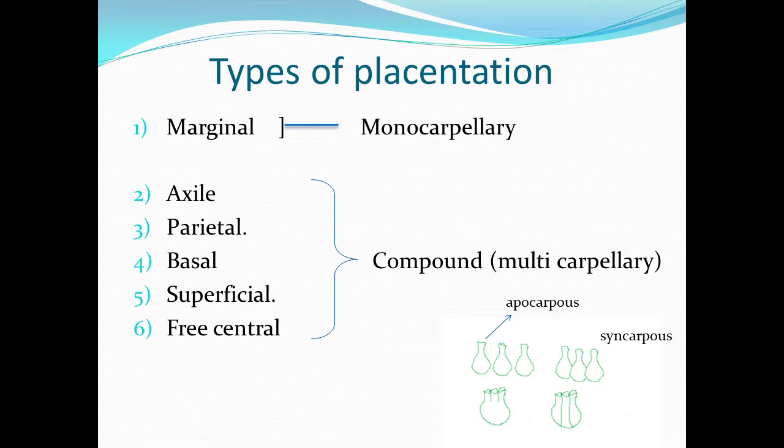If it is united in such a way that it forms one locule or one chamber, then it is known as unilocular. And if there is a partition or septum inside the ovary forming 1, 2 and 3 chambers, then it is known as trilocular.